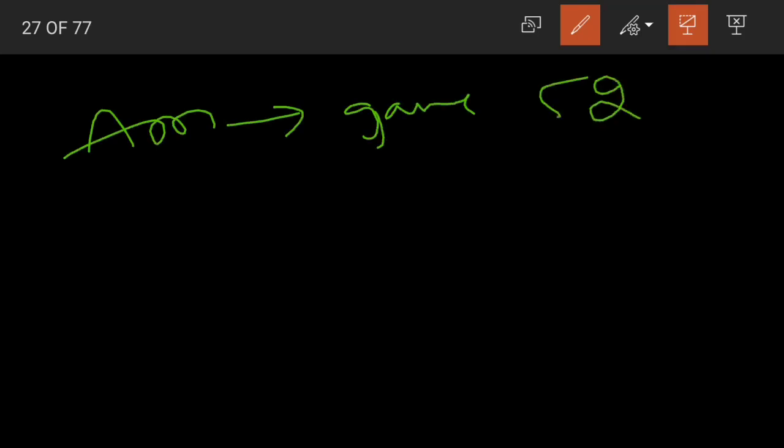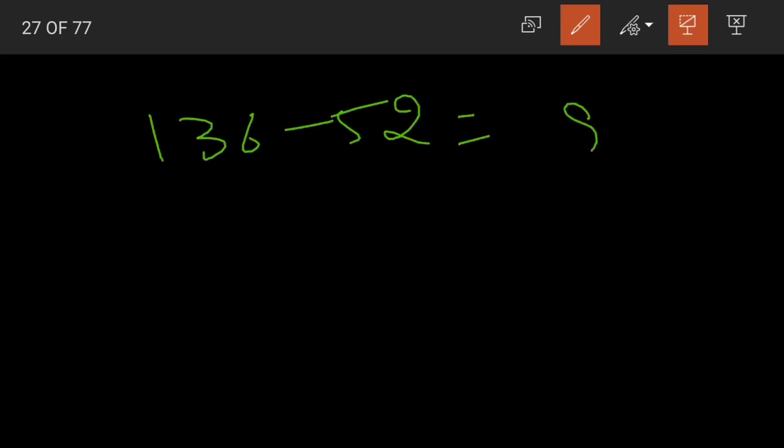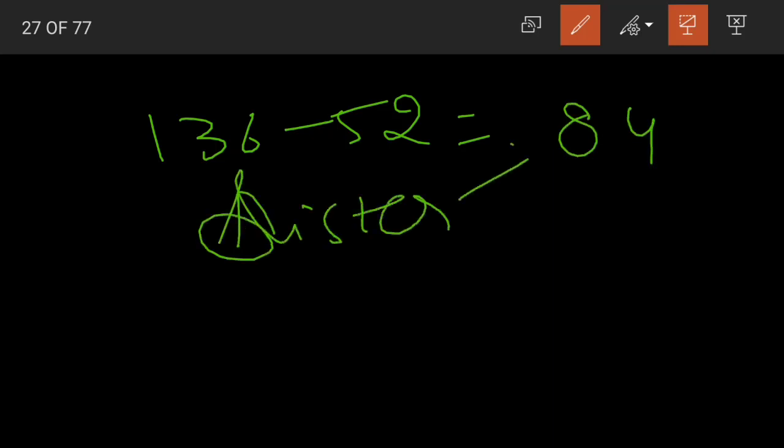Clear, children? Okay, first Amala gave 52. So the number of stamps now Amala has becomes what? What is this? 136 minus 52. Yes, children. That is equal to how much? 84. Okay. Now, her sister also has the same number of stamps now. But how did she get this?